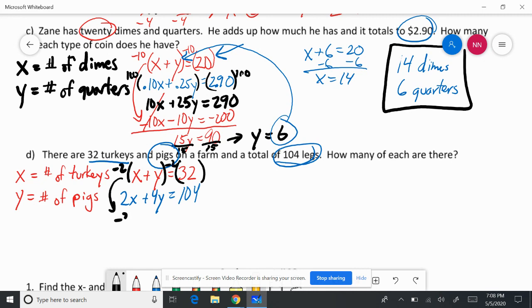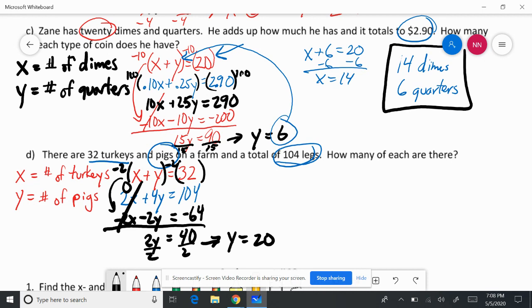And what I get is -2x minus 2y equals -64. Opposites add up to 0. 2y equals 104 minus 64, which is 40. I divide it by 2, and y is equal to 20.